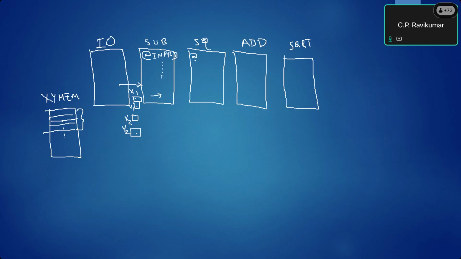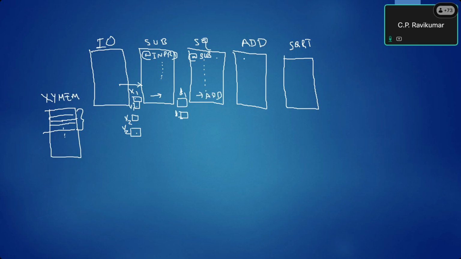So this guy is waiting for a signal from the subtractor. Then when it gets the data, it will go ahead and finally say, I'm ready, you guys take. And it will put the data in D1 and D2. After putting the data in D1 and D2, it will go and alert.